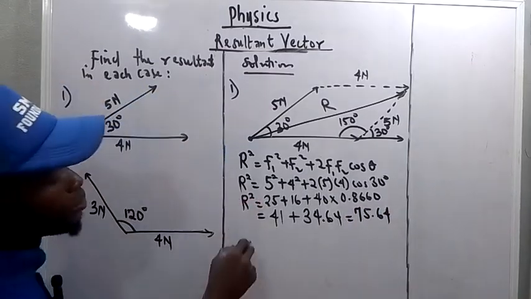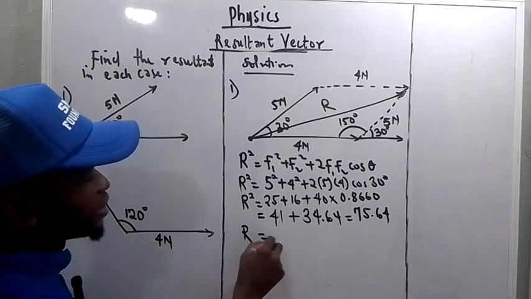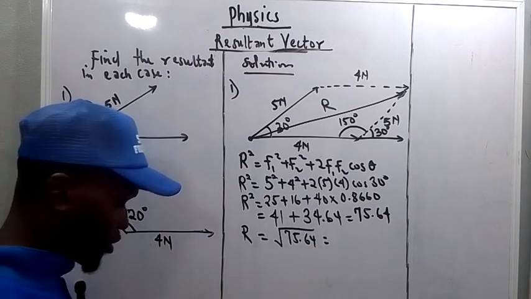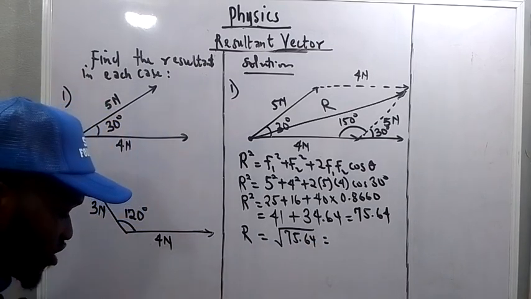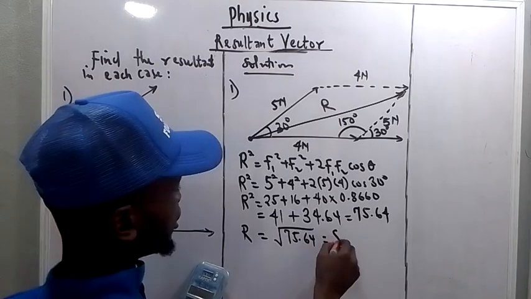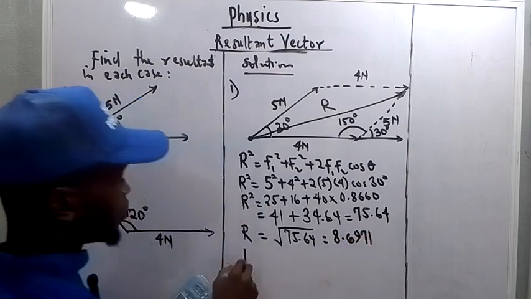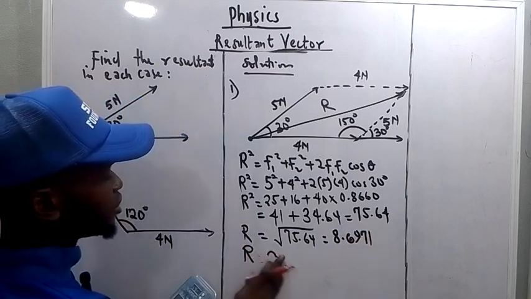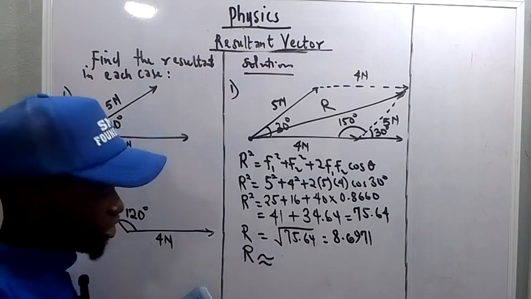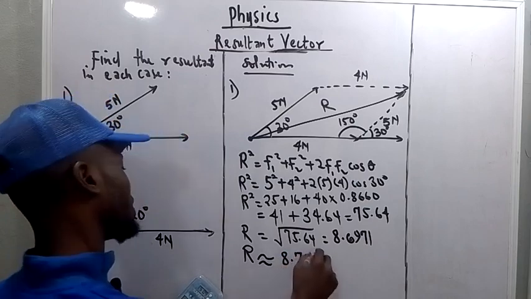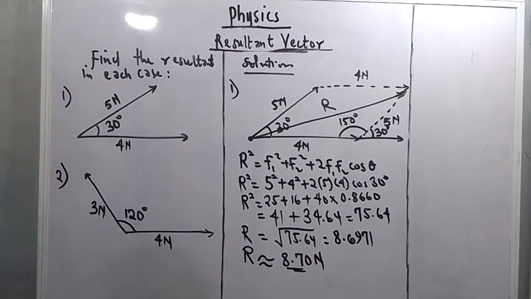Now we need to get R by taking the square root of both sides, so R equals the square root of 75.64. That gives me 8.6971. So R will be approximately equal to, now I want to leave my answer in 2 decimal places, 8.70 Newton.